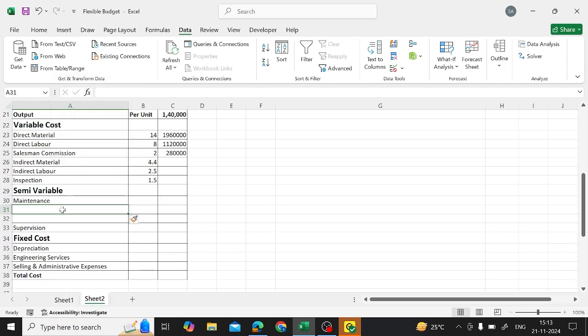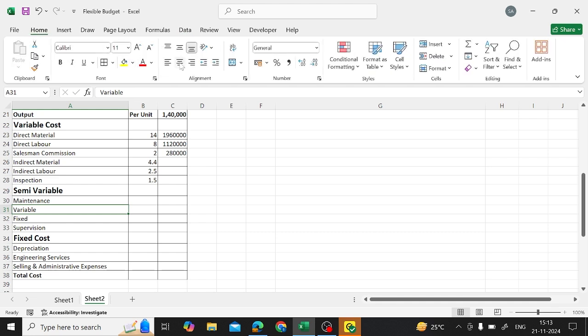So here I am writing variable, and here fixed. So this is the variable component, and this is the fixed component.